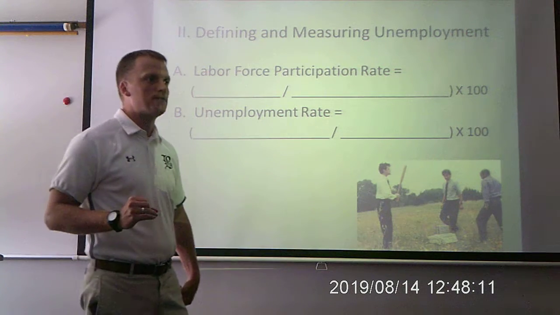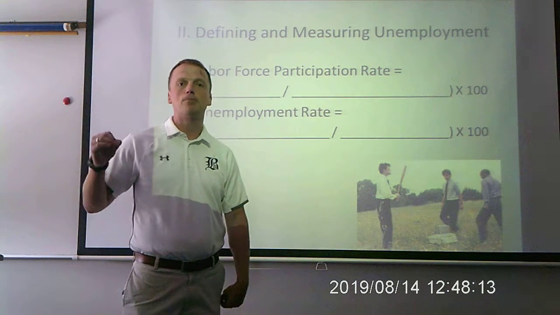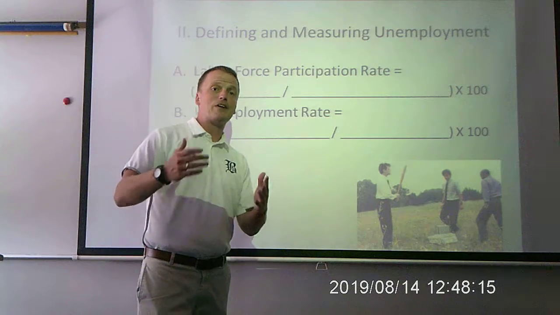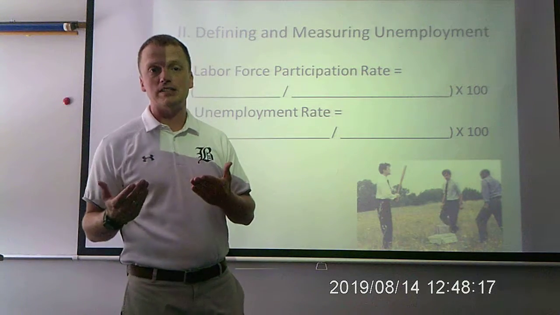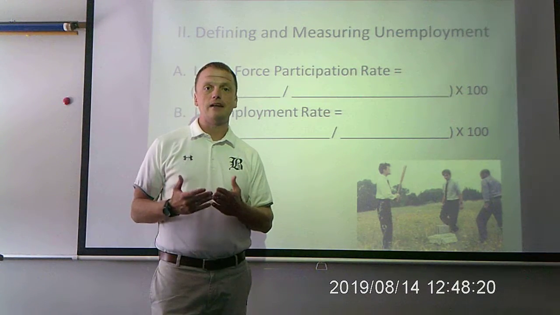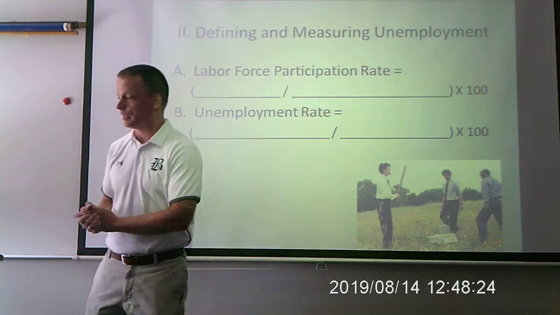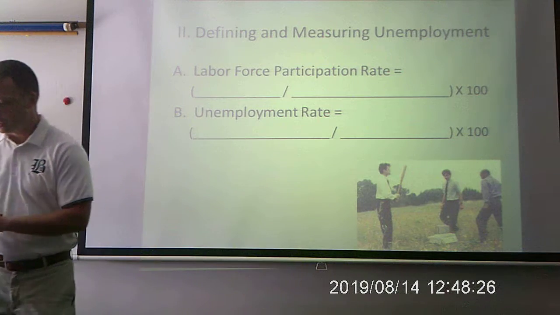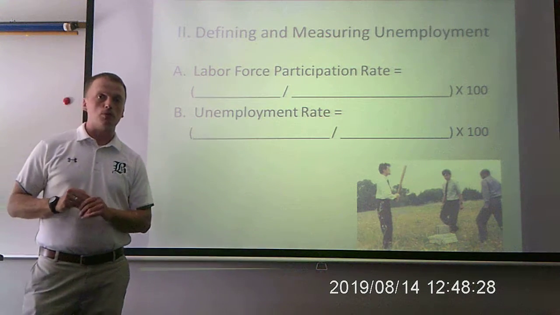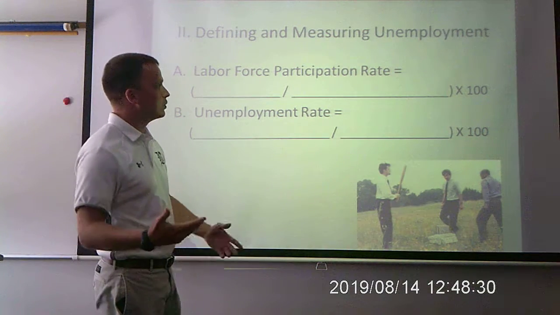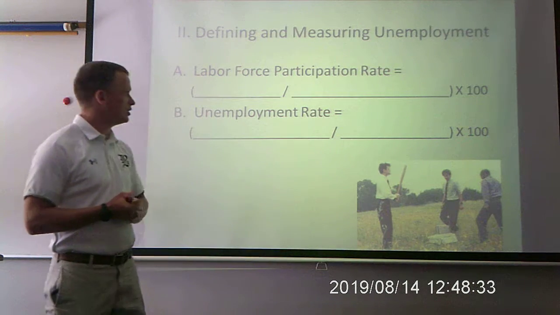That's essentially trying to figure out who we have that are unemployed and employed people, who is either working or actively seeking work, in relation to the entire civilian population over the age of 16. And you multiply that times 100 and calculate it as a percentage.